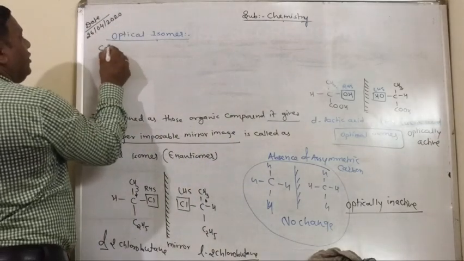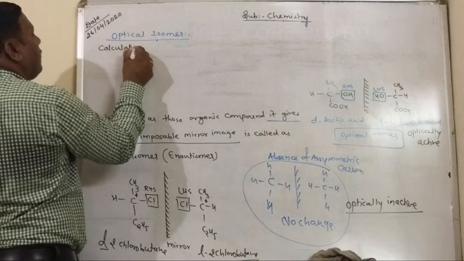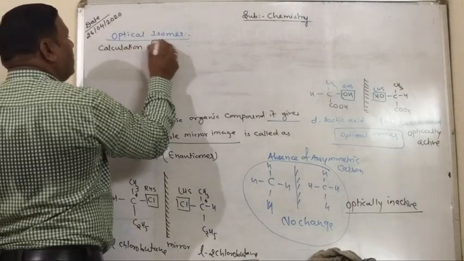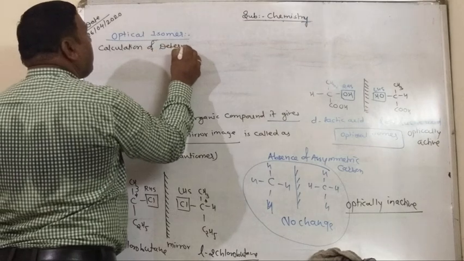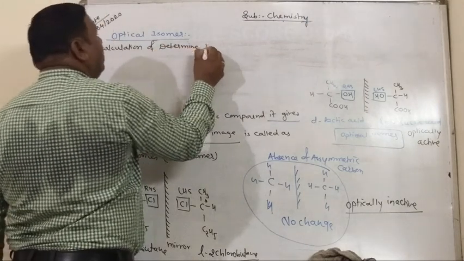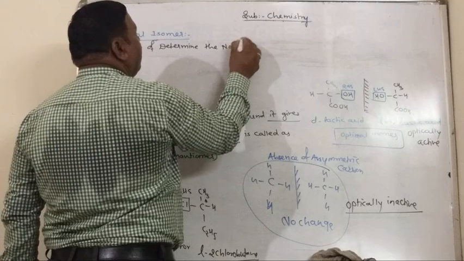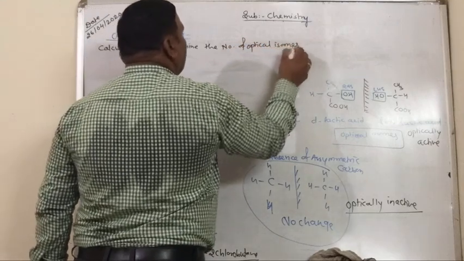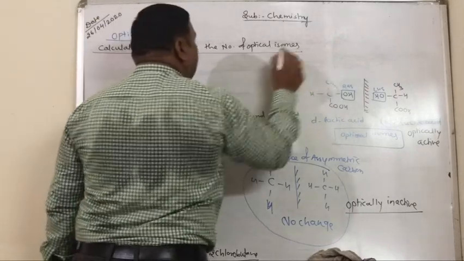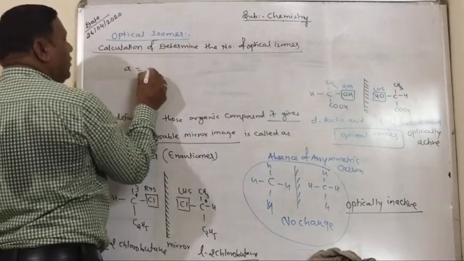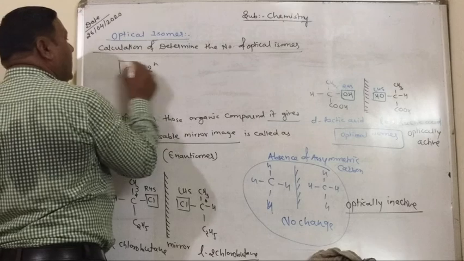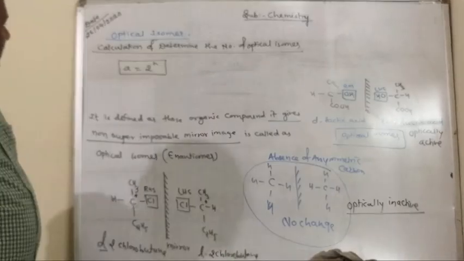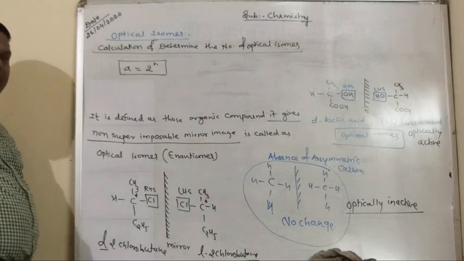Calculation to determine the number of optical isomers. The formula is A equals 2 raised to the power n.